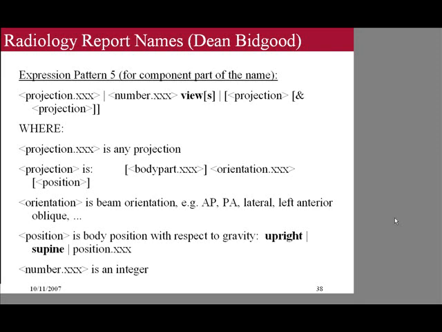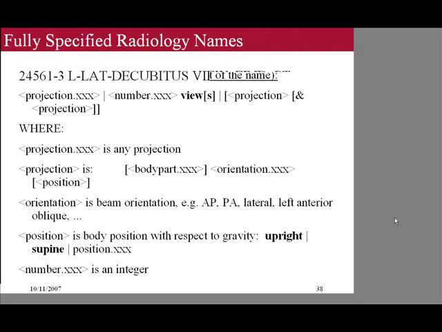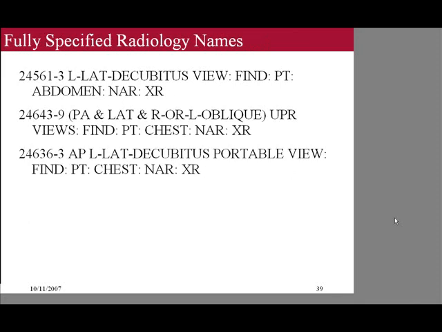But the radiology names then end up looking like left lateral, and the things that are dash delimited have unique meaning. L always means left, and lat always means lateral, and you have the cubitus and Q, and XR is for X-ray, and so you have PA and lateral and right or left oblique.